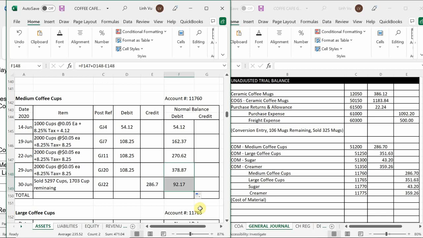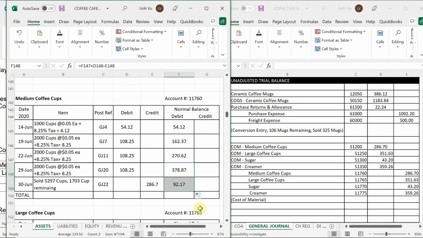So an adjustment needs to be done in order to reflect the true balance of what you really have left, whether it's inventory or supplies. That's exactly what I'm doing. I'm making my adjustments, and it says right here that I have 1,703 cups left.